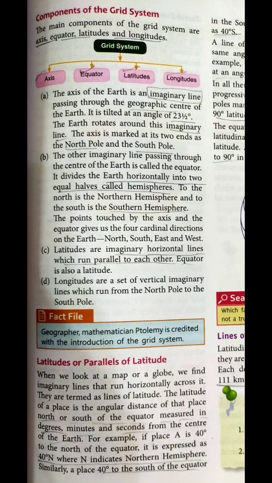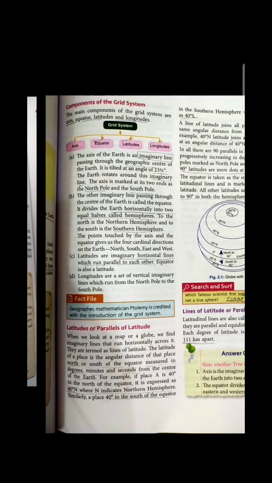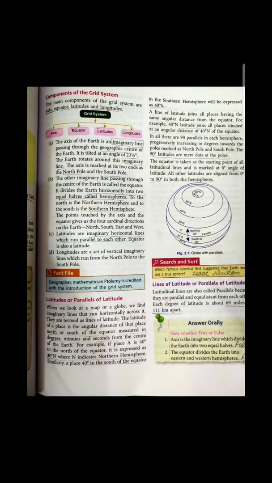The axis of the earth is an imaginary line. It is not like when you look at the earth you start finding an axis drawn on it. No, definitely not. It is an imaginary line which is helpful for finding the geographical center of the earth. It is assumed that this line passes through the geographical center of the earth, and it is tilted at an angle.